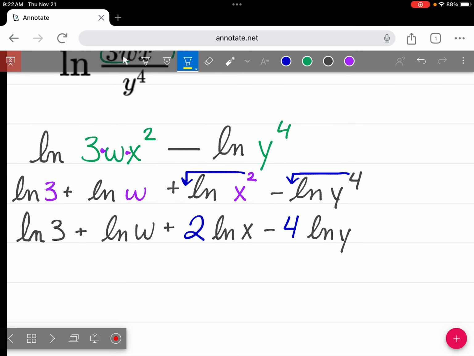When our logs have just one thing after them, that's when we're done expanding. The argument should have one single solitary term. That's where we stop expanding.